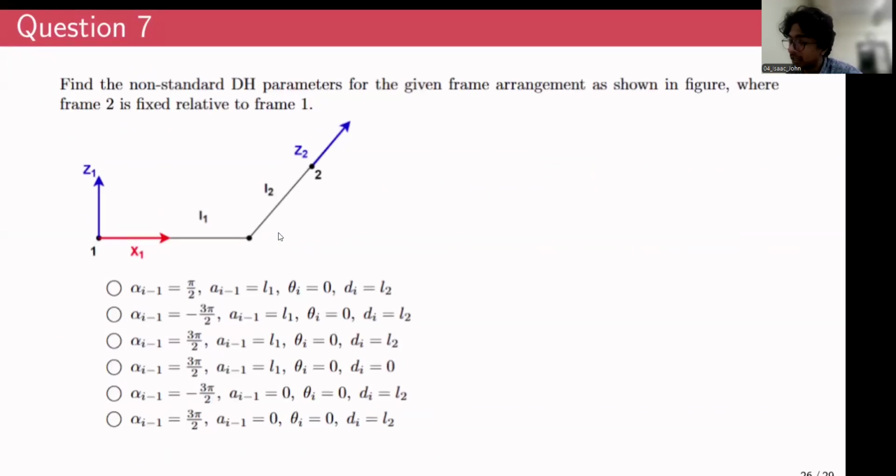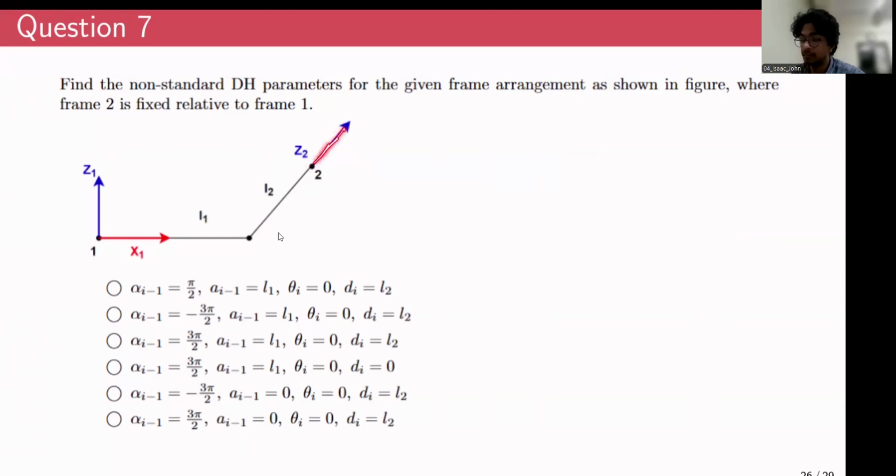Find the non-standard DH parameters for the given frame arrangement as shown in the following figure, where frame 2 is fixed relative to frame 1. So in that regard, this is not connected to a joint.